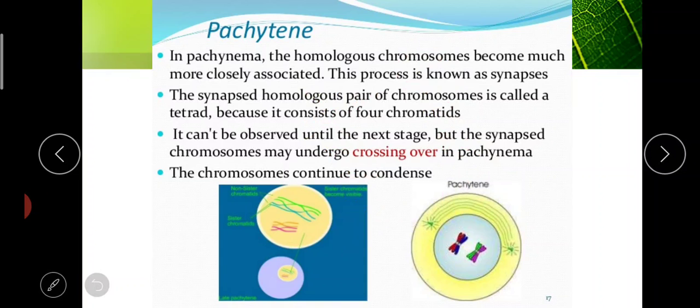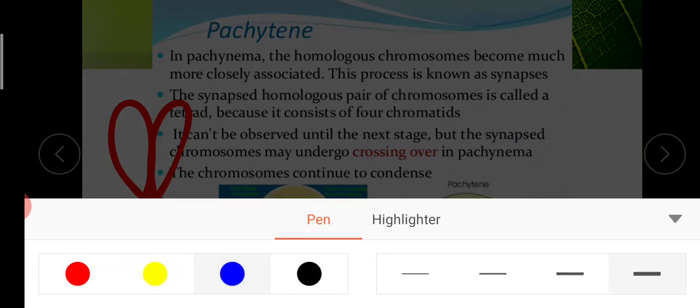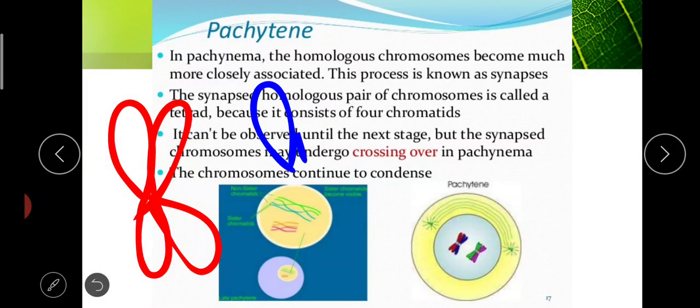For example, we have this bivalent, which contains 4 chromatids. Now interchange will take place.